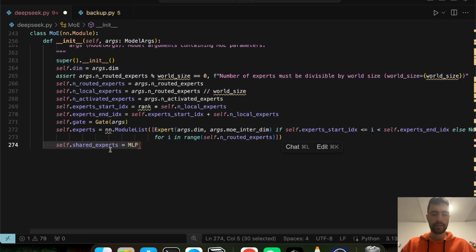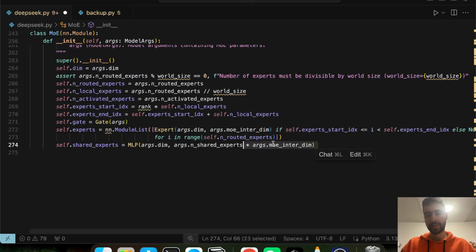Then we have this MLP, these are shared experts, multi-layer perceptron, and the dimension is n shared experts times MOE inter dimension.